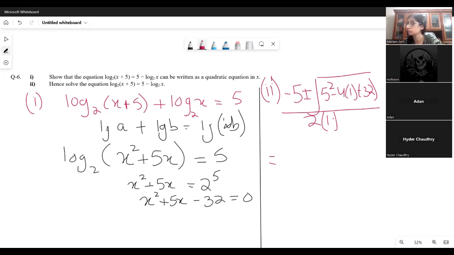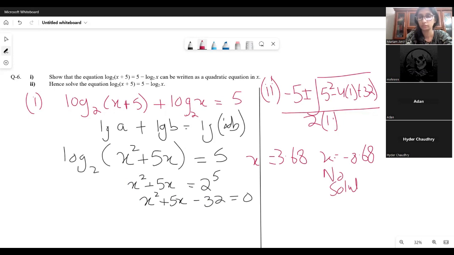What two values do we get? 3.68 and negative 8.68. So no solution, not possible for the negative one.